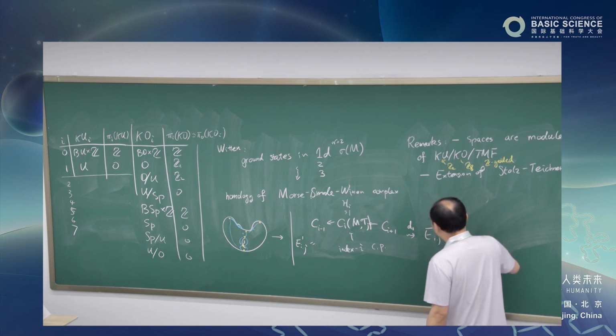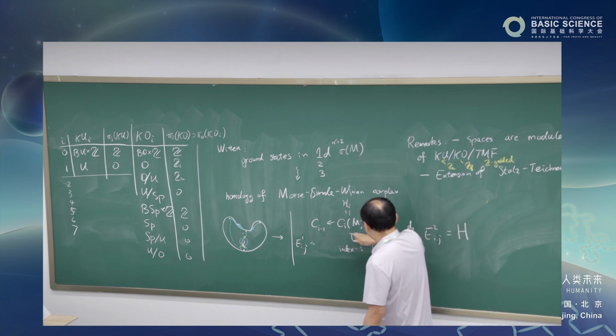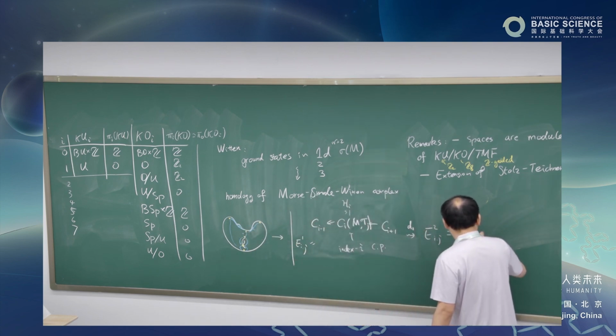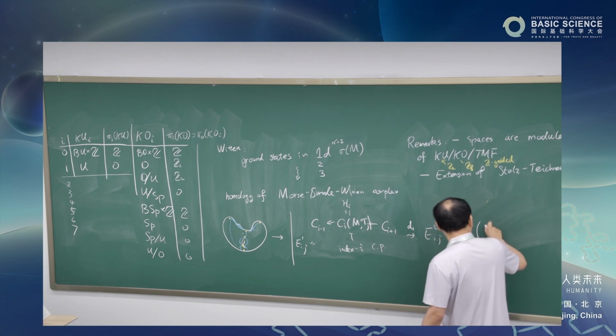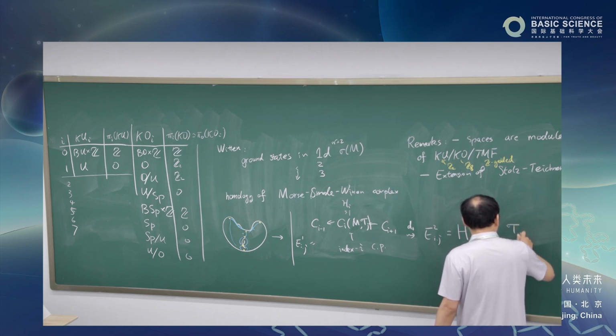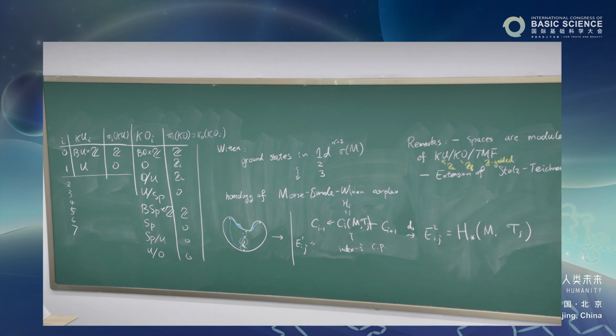And then these are not freely generated by the critical points, but now it's a homology with coefficients in T_j.